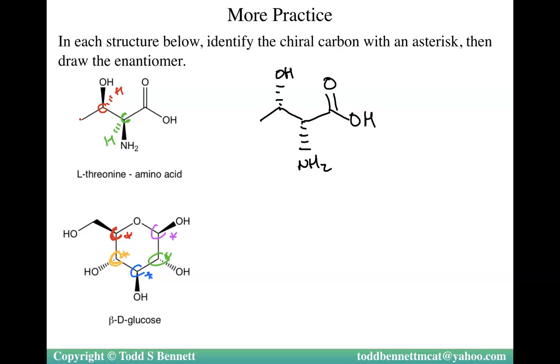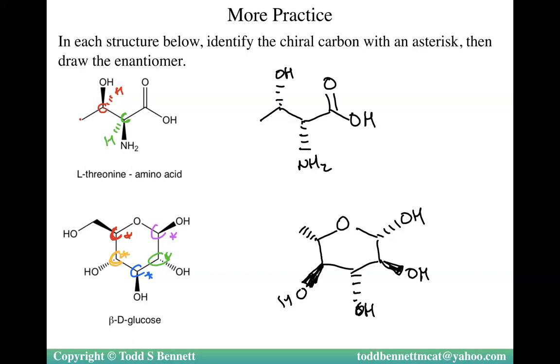So if I wanted to draw the enantiomer, I would have to change at every chiral center. The purple one would have to become OH in back. The green one would have to become OH in front. The blue one would have to become OH in back. The yellow one, OH in front.